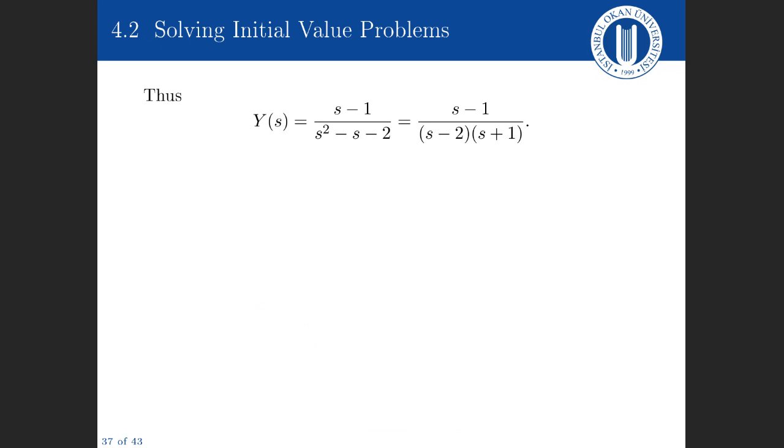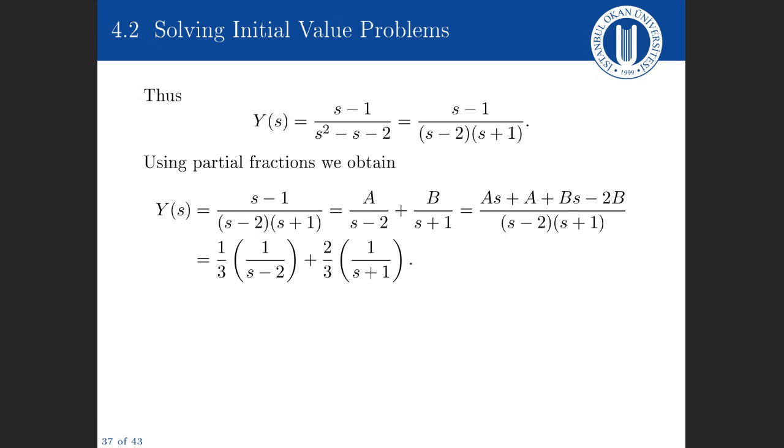Which we can solve for capital Y and find that capital Y is s minus 1 divided by s squared minus s minus 2, or s minus 1 divided by s minus 2 times s plus 1. I need to use partial fractions again. I'm going to skip the details here. I'll leave this for you to double check. I think I get 1 over 3 multiplied by 1 over s minus 2, plus 2 over 3 multiplied by 1 over s plus 1.